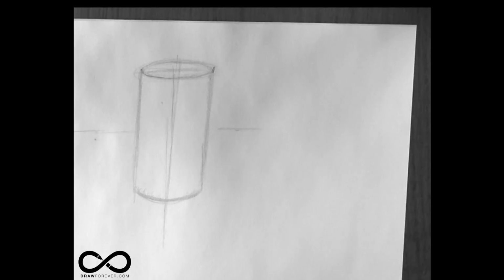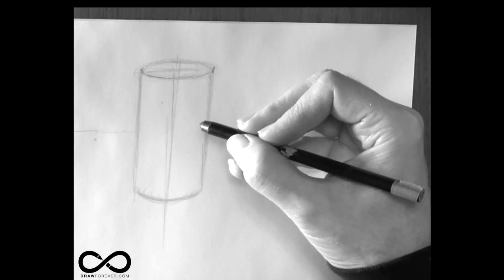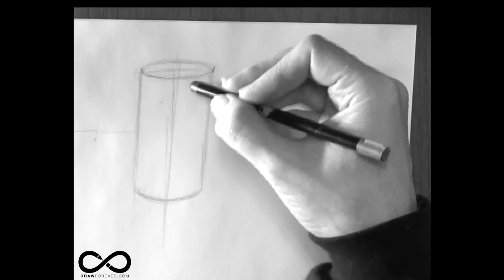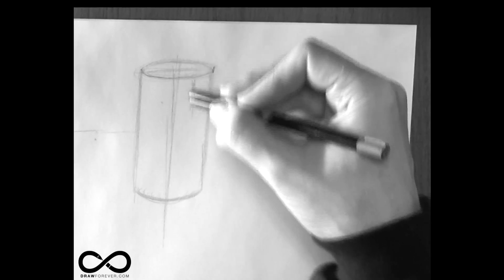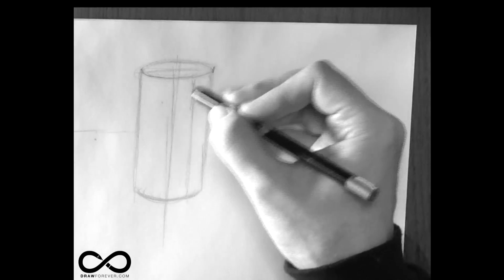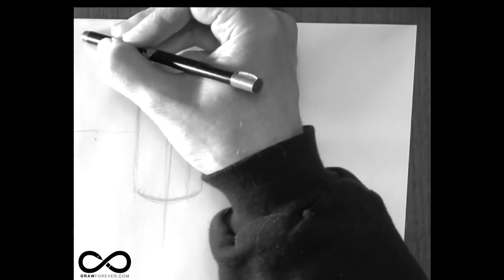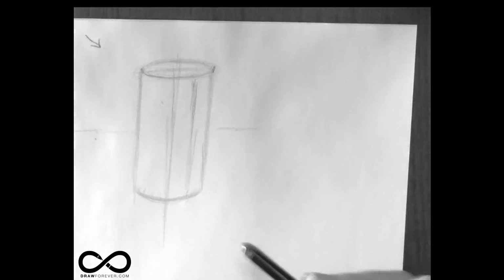Now, again, just like we had covered with the sphere, you're going to want two-thirds light, one-third shadow. Light coming this way. When I say this way, by the way, I mean it's as if it's hitting like this, dimensionally.